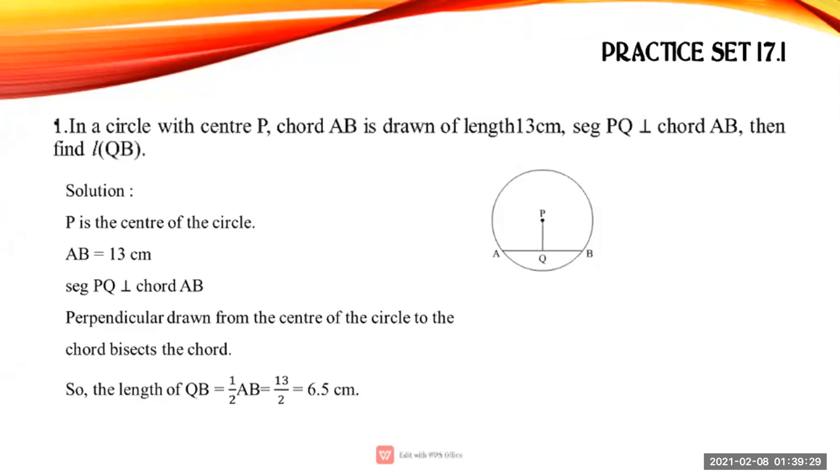Now this is our question where P is the center of the circle, AB is our chord, and the length of AB is 13 centimeter. They told that segment PQ is perpendicular to the chord AB. And then what you have to find out is the length of QB.